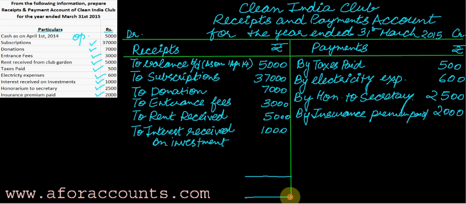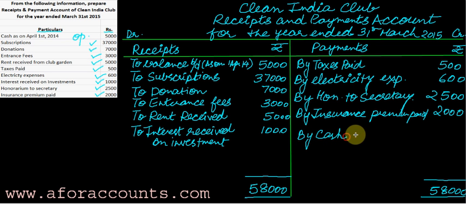Now let me sum up the receipt side first. I will always sum up the receipt side first, because expenditure cannot be more than what I hold. So this is 58,000. The total here also should come up to 58,000, and the balancing figure will be by cash as on 31st March 2015, that can be called cash in hand.